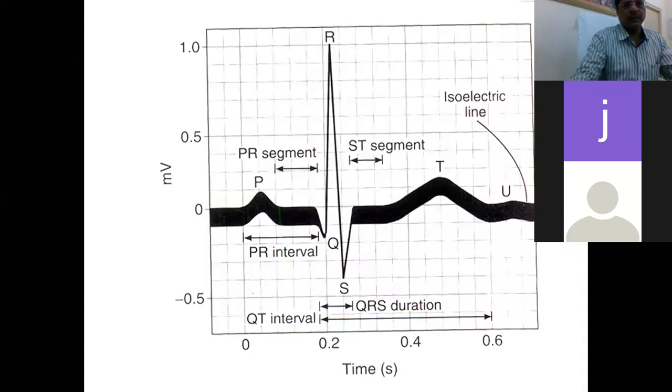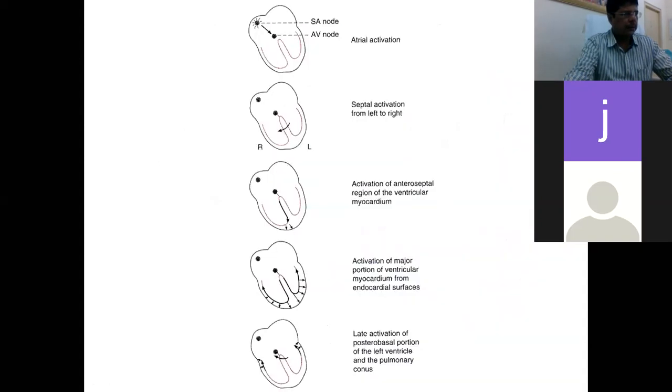You can also see the various segments and intervals. Okay. If you remember the spread of excitation in the heart, it is responsible for the various waves, segments and intervals on the ECG.